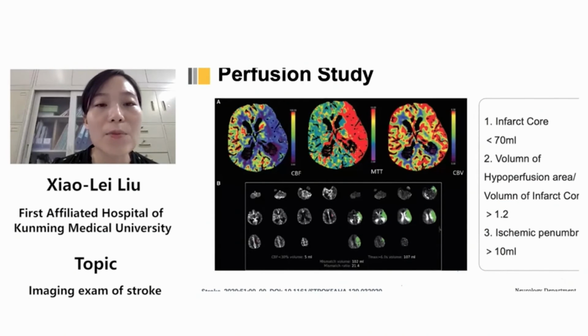For example, on this image, we can see the infarct core after calculation is less than 70 milliliters, and the volume of ischemic penumbra is more than 10 milliliters. So we can do the thrombolytic therapy or endovascular therapy here.